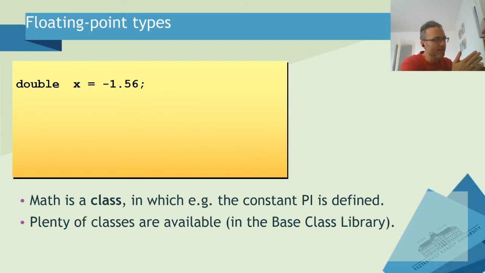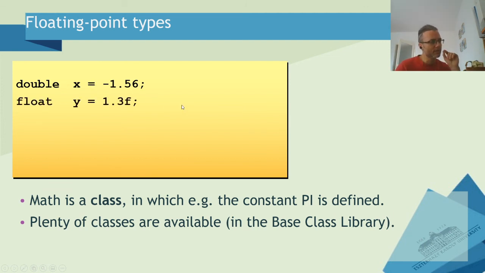Soon in your practice class, you will be forced to use floating point numbers, like this one, minus 1.56. You can store such a number in either a float variable or a double variable. Now I'm using double, and this is intentional because in C#, the default floating point type is double.